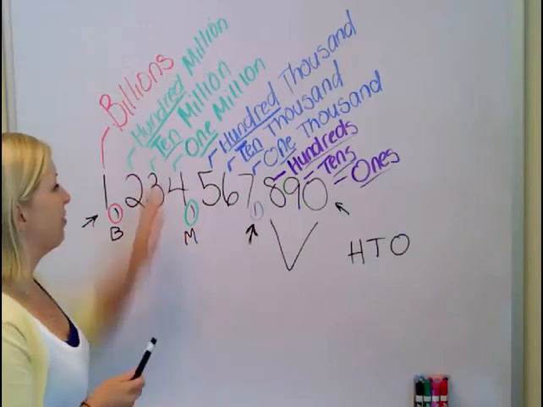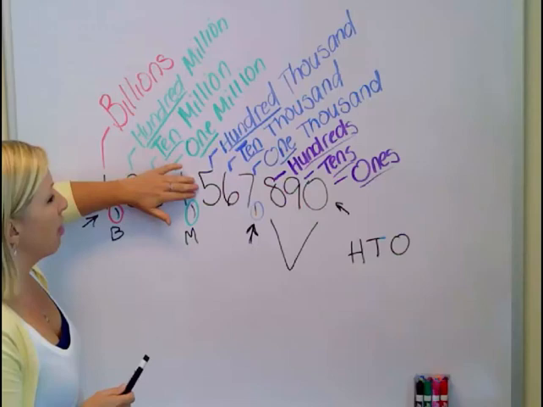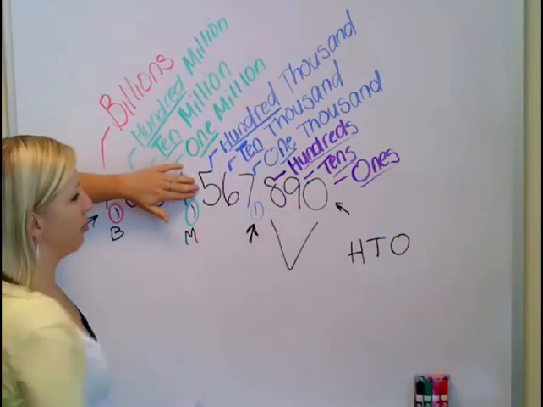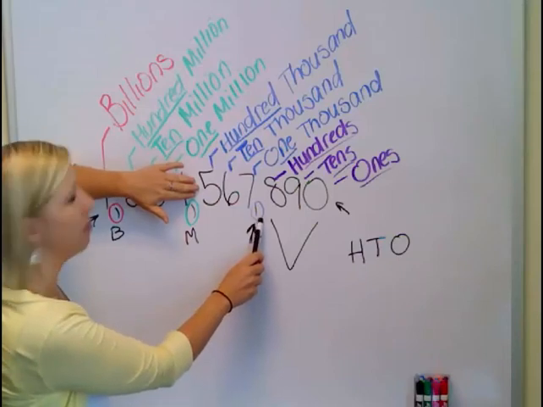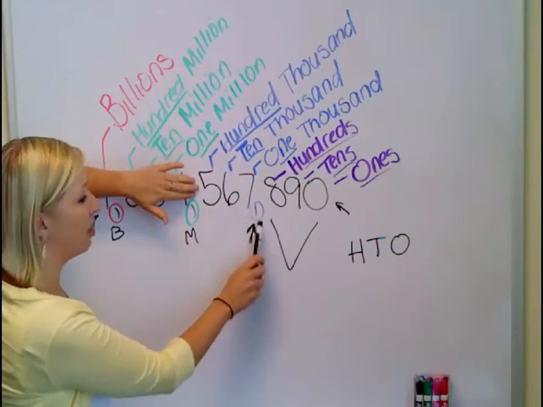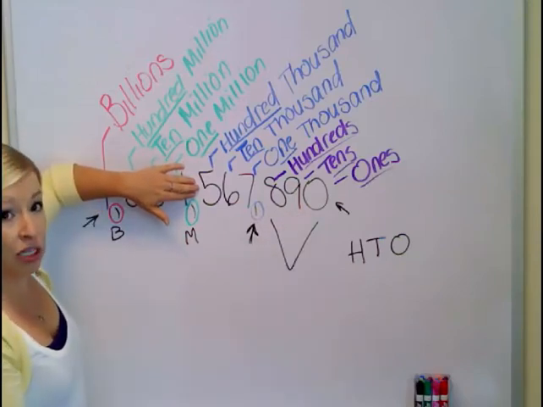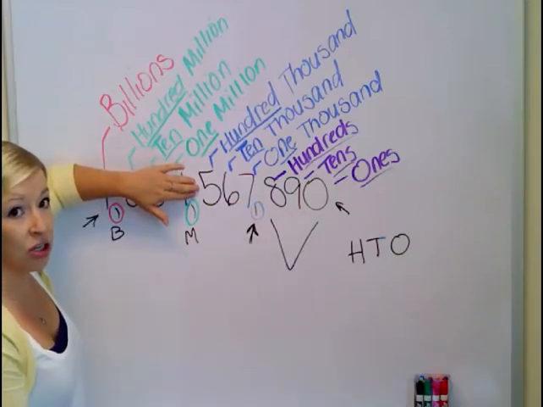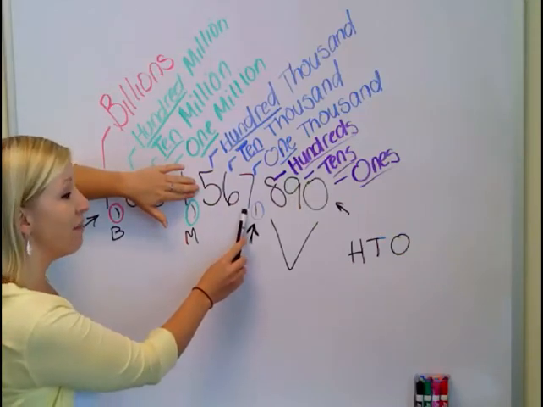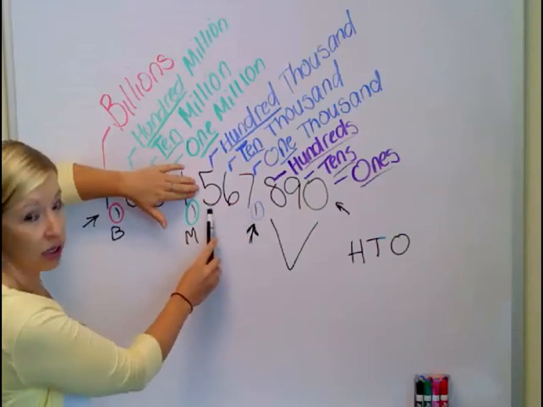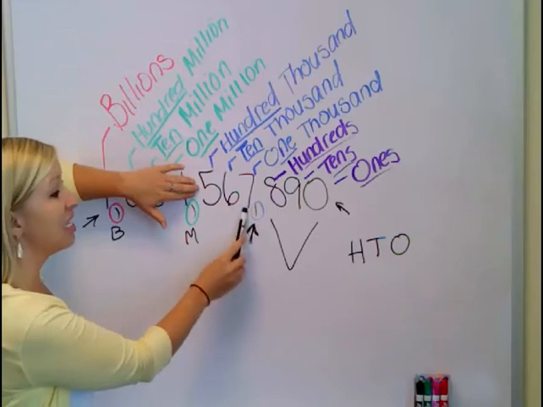For instance, if I take a look at just the second half of this large number, with just these 6 numbers, I get 567,000. Remember, the comma tells us the name. 567,890. If you say that number slowly, you hear how much each digit represents. 500,000, 60,000, 7,000.